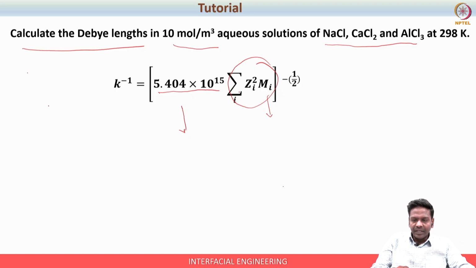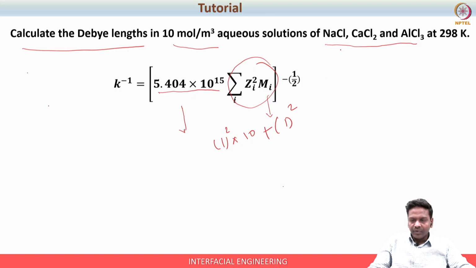So we know NaCl has two species, sodium and chlorine. The valence of sodium is 1 square, multiplied by Mi, given as 10 moles per meter cube, plus the valence of chlorine, which is also 1, so 1 square.